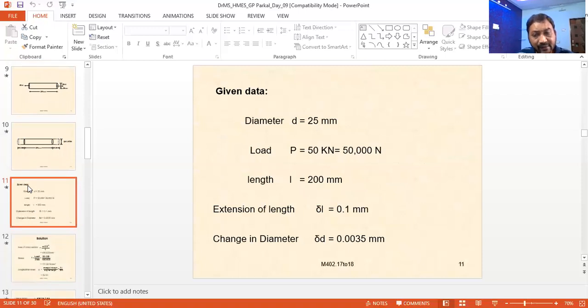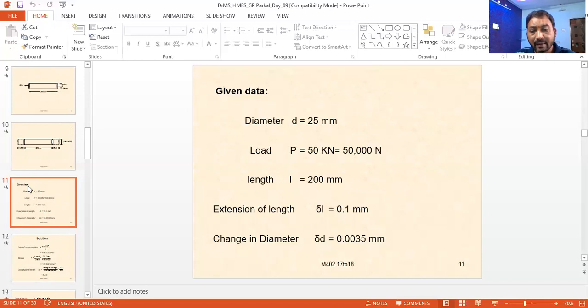Now this is the given data. The diameter of the bar D is equal to 25 millimeters. Load P is equal to 50 kN, that is 50,000 newtons. Length L is equal to 200 millimeters.